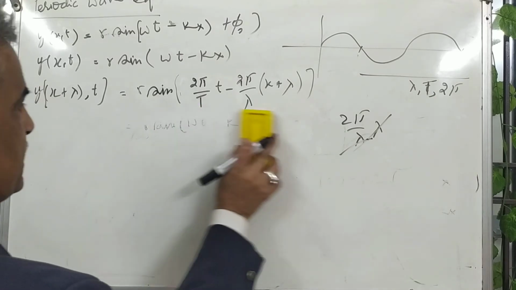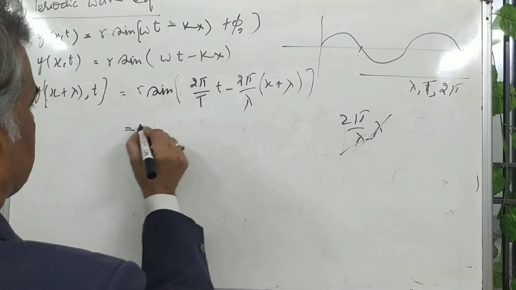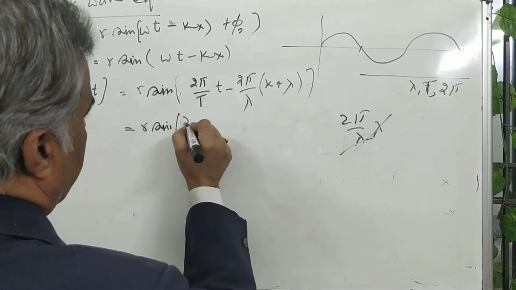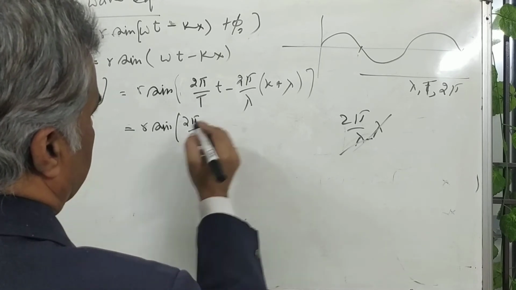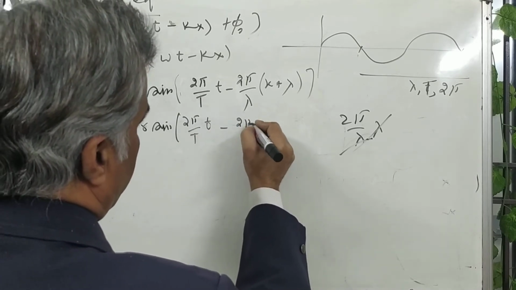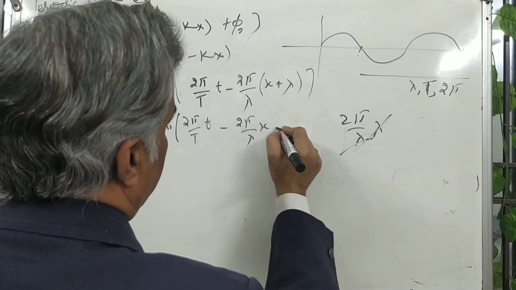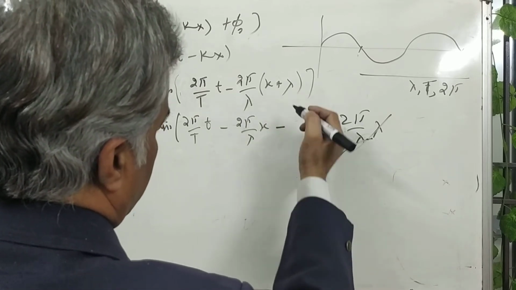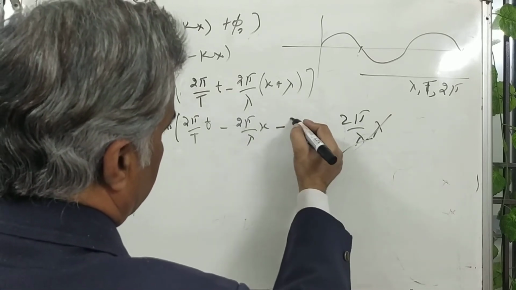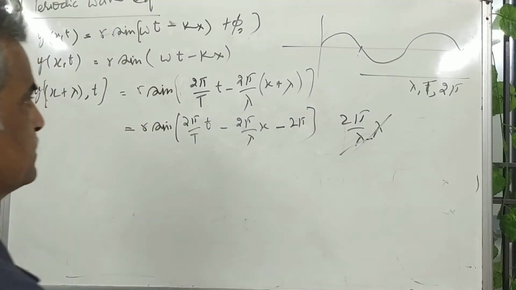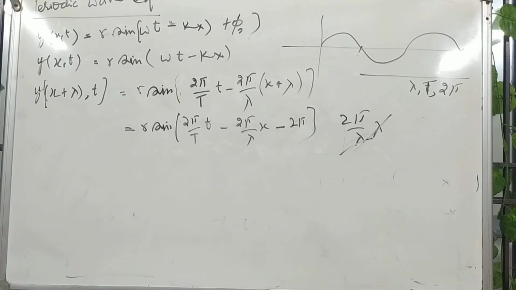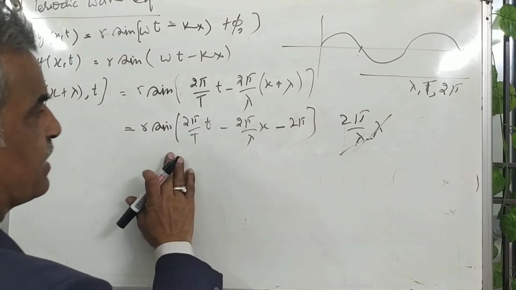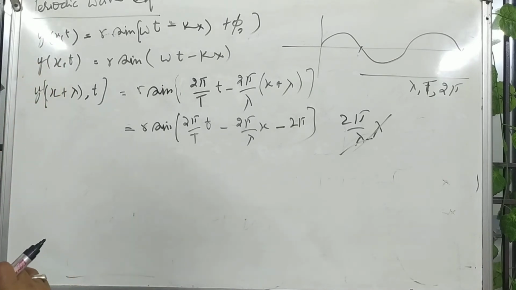If you want, I am explaining this. This is r sin of 2π by T into t minus 2π by λ times x, and the λ and λ cancel, leaving 2π. R sin(ωt − kx). You can take minus as a sign, no matter.